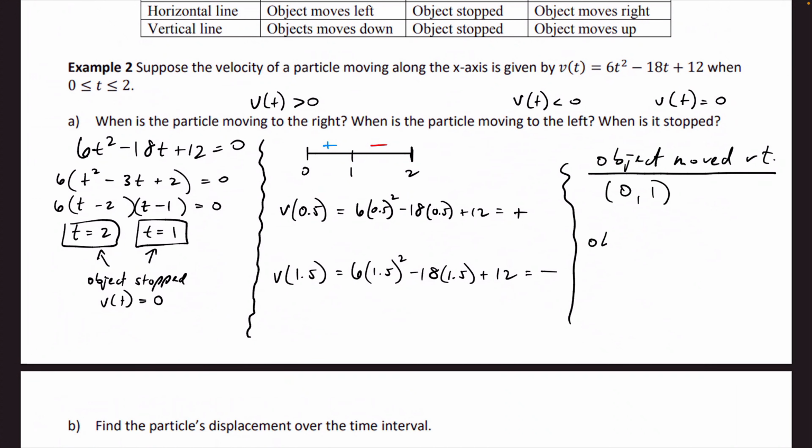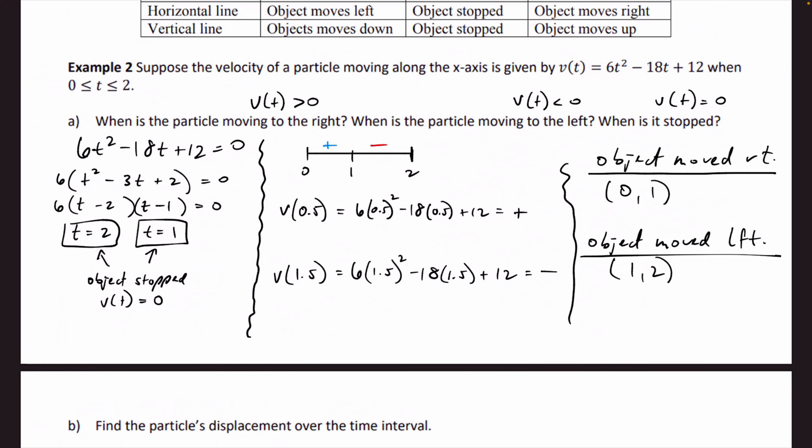When did the object move left? From 1 to 2. And then we said over here where the object stopped, at 1 and 2.